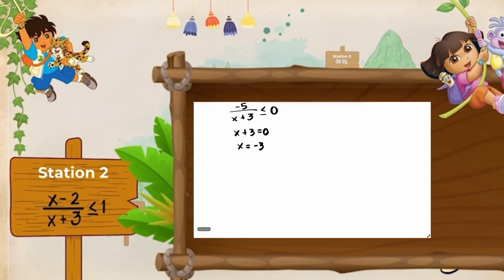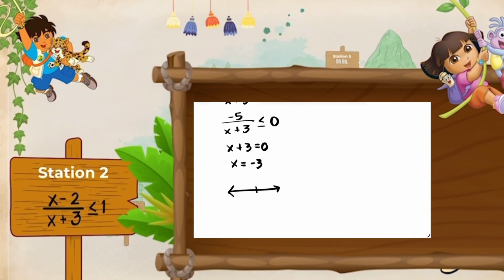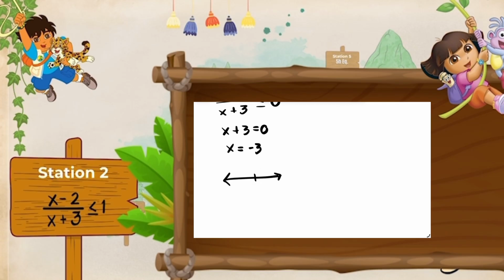So we're going to plot negative 3 on the number line. Since it's from the denominator and our inequality sign has an equal, we have to determine which one is included or excluded. But we only have one critical value, and that is negative 3, and negative 3 is from the denominator. Therefore, negative 3 is excluded.